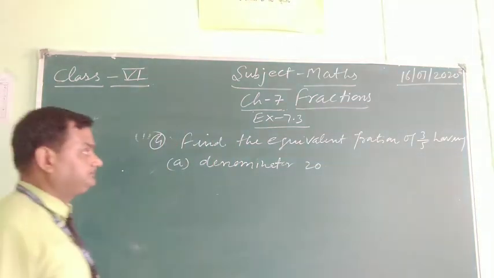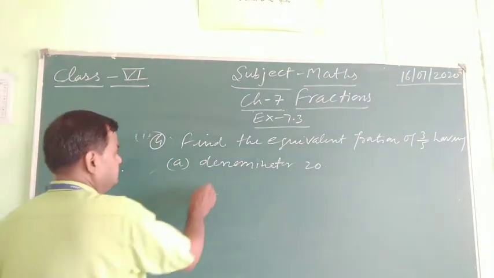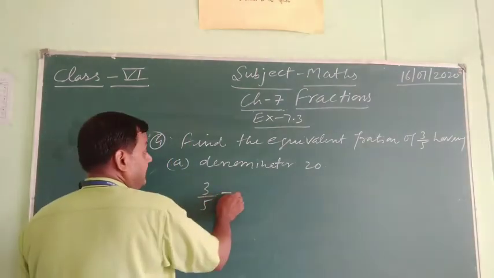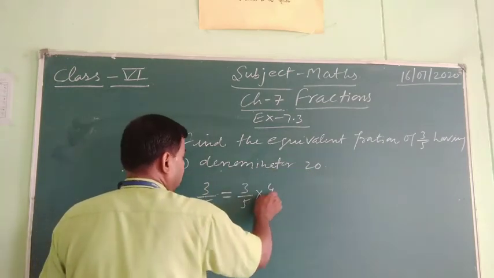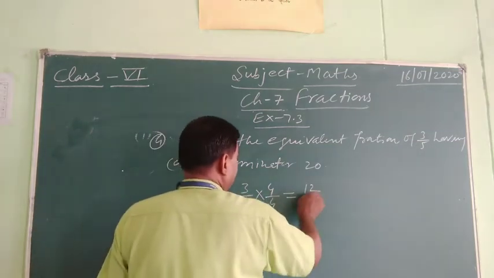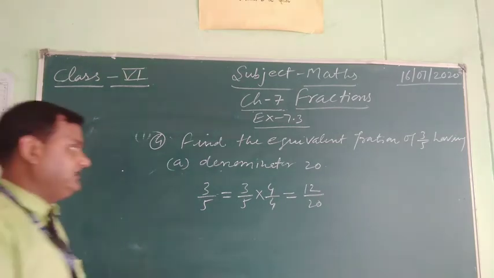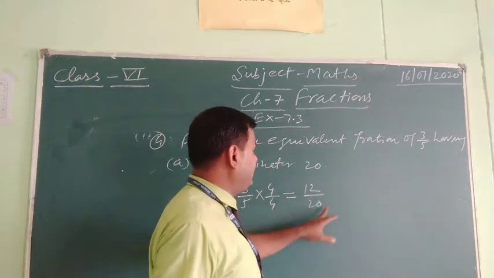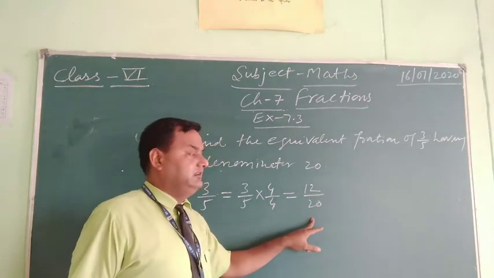So we have to find the equivalent fraction of 3 upon 5 with denominator 20. So we will multiply by 4 upon 4. Now 3 4s are 12, 5 4s are 20. So 12 upon 20. The denominator is 20. So the equivalent fraction is 12 upon 20, whose denominator is 20.